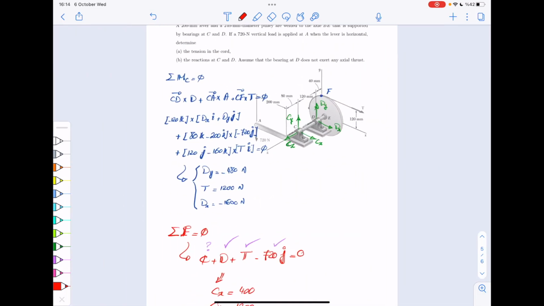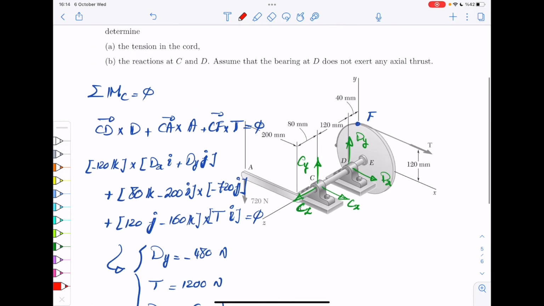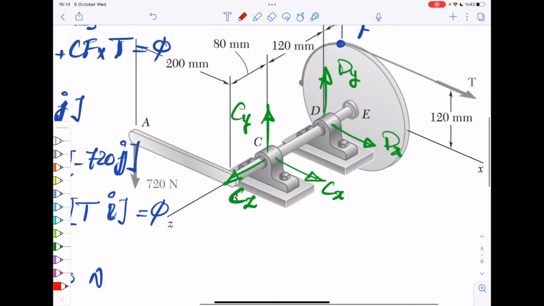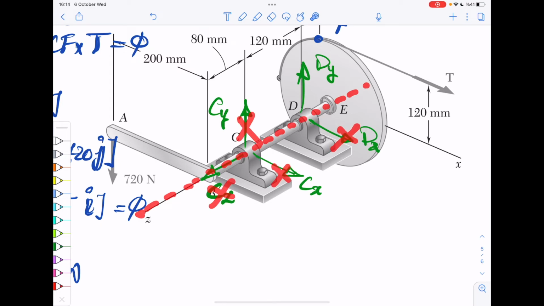Just quickly, because I mentioned you could also alternatively write the moment with respect to CE. That's pretty simple. So let's look at this. We want to write the moment with respect to this axis, right? So none of these will cause a moment because they don't have a distance. And the other forces that are there, you are looking for their perpendicular distance, right?